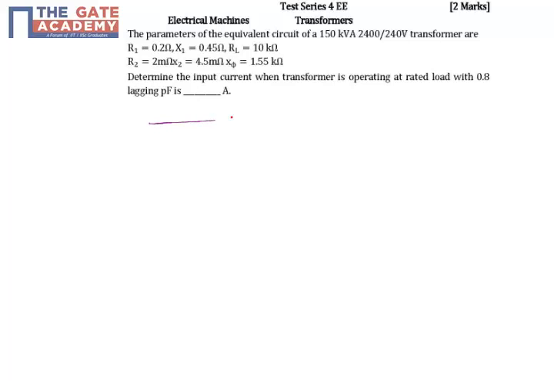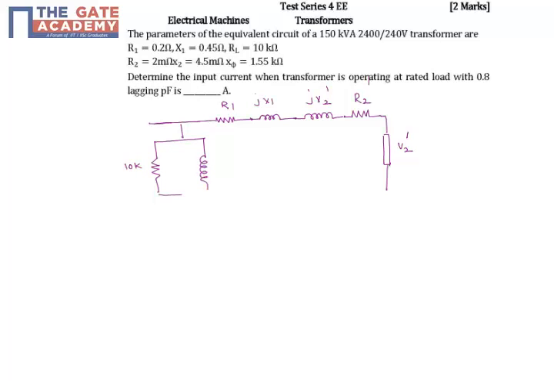of a transformer, it has the primary resistance R1 and the primary reactance jX1, and when you shift the secondary resistance and the secondary reactance, these become jX2 dash and R2 dash, and this is the load. It also has the core component, its value is 10K, and the magnetizing reactance XM.